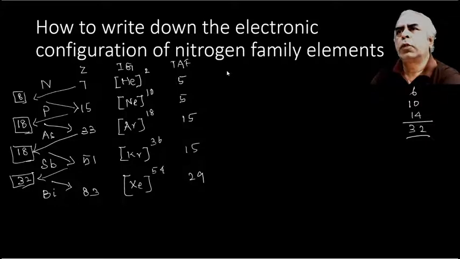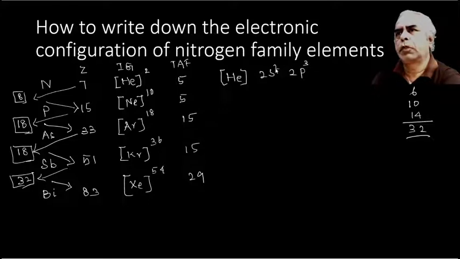Now let us write down the complete electronic configuration. So helium we know. We have already accounted for helium, that is 2 electrons. Now we have to account only for 5. So you can put helium 2s2, 2p3. Very simple.